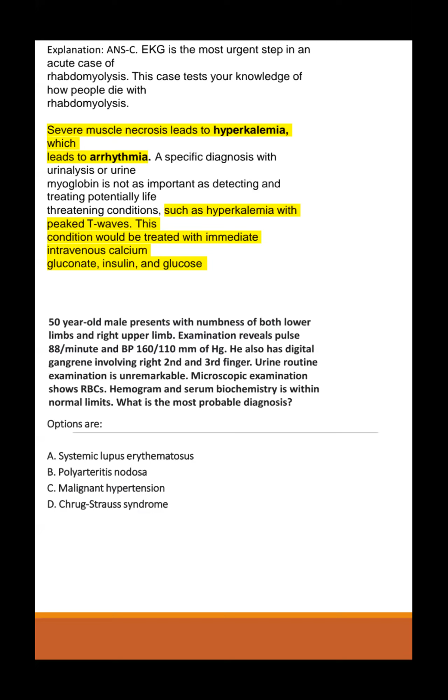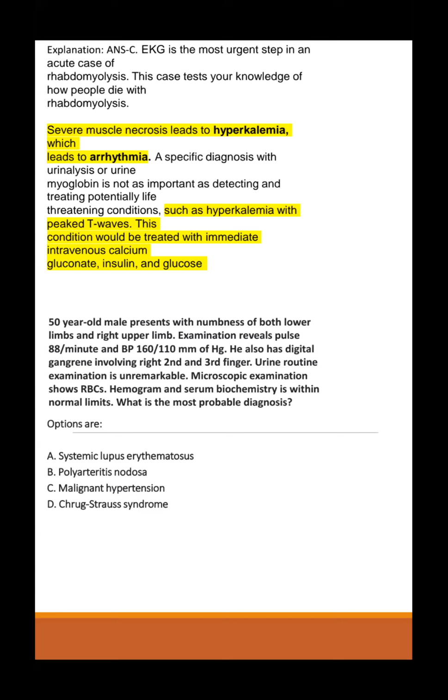D. Churg-Strauss syndrome. Ma'am, according to the scenario, patient age is 50 and both lower extremities have numbness. On examination, pulse is 88 per minute and his blood pressure is 160 by 110 mm Hg. And the second and third digits have gangrene.